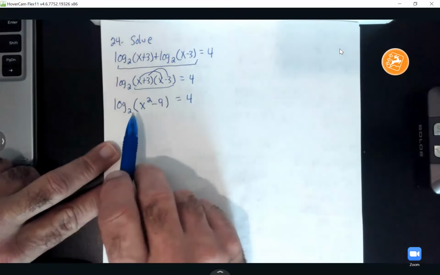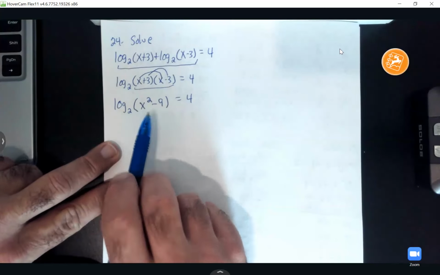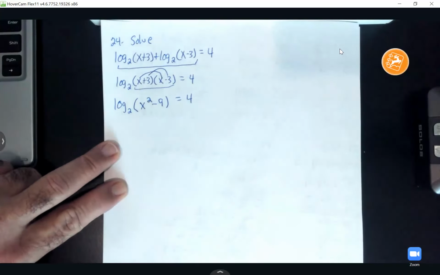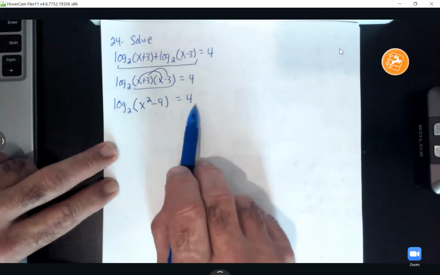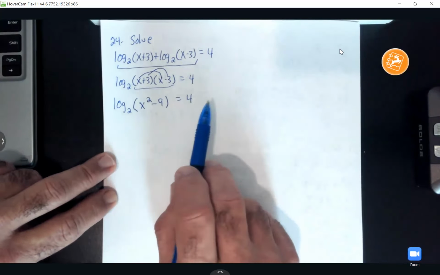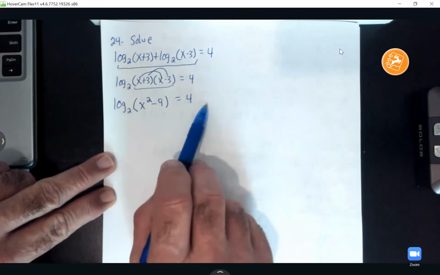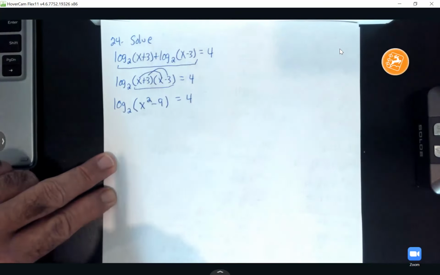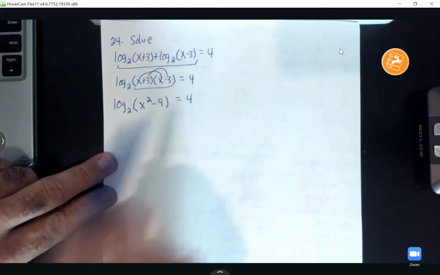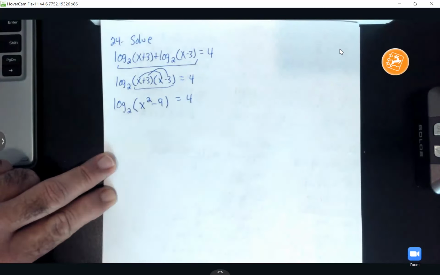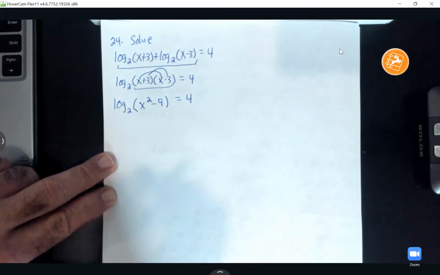All right, so notice, this now looks like number 22 because 22 had a log on one side equal to a number. 23, we had logs on both sides, so we did it a little different. But y'all, I got a log on one side equal to a number. I'm going to rewrite it as exponential.